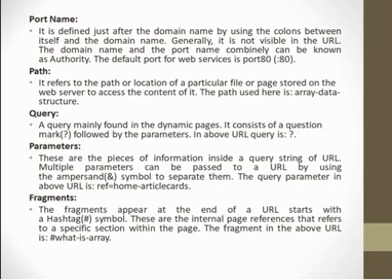It consists of the question mark, and then parameters can be assigned to pass to the URL by using the ampersand symbol to separate them. The query parameter in the above URL is ref equal to home articles code, and then fragments appear at the end of the URL and start with the hashtag symbol. They are internal page references that refer to a specific section within the page. The fragment in the above URL is what is an array, given in this example.